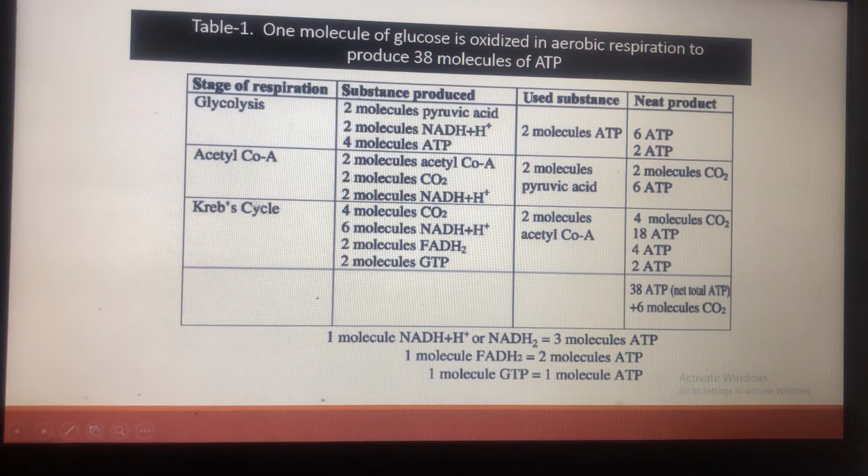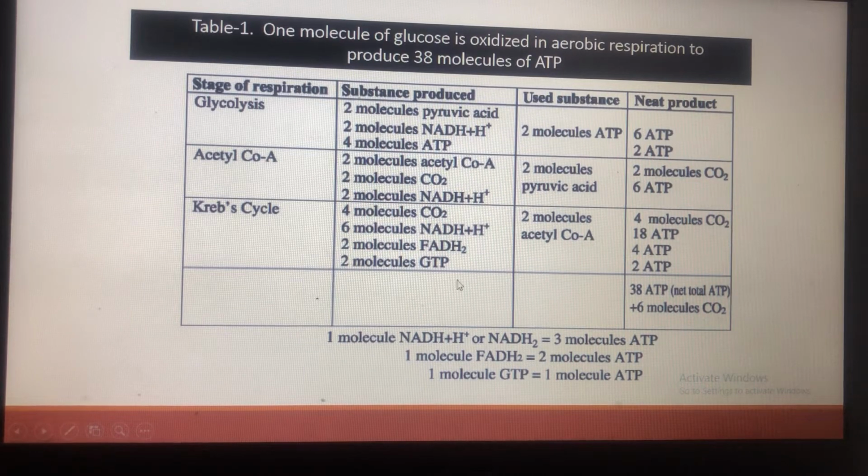Next was the Krebs cycle, where 4 molecules of carbon dioxide, 6 molecules of NADH2, these are the totals, right? 2 molecules of FADH2 and 2 molecules of GTP are produced. Here the used material was 2 molecules of acetyl-CoA. So from 6 molecules of NADH2, 6 into 3, a total of 18 ATP. Then you can see 1 molecule of FADH2 is equivalent to 2 molecules of ATP.